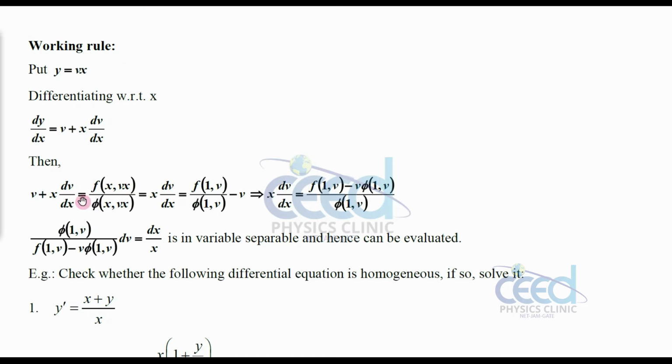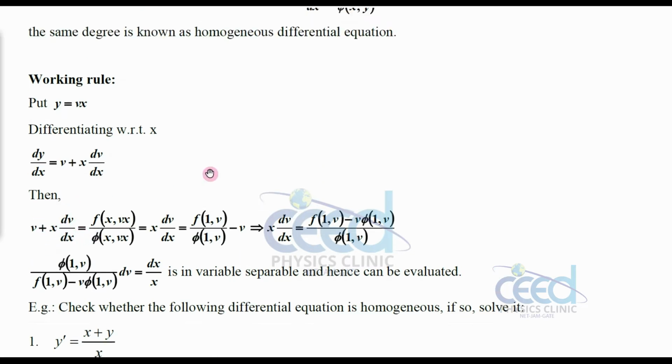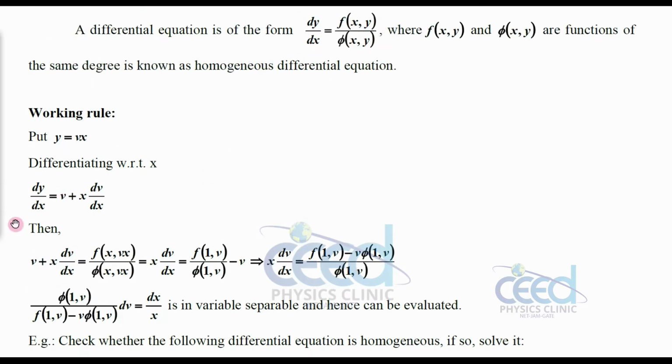If I substitute this dy by dx with v plus x dv by dx, and in f of x, y, I treat y as vx. If all the terms have x, I can take it out and cancel this x term.